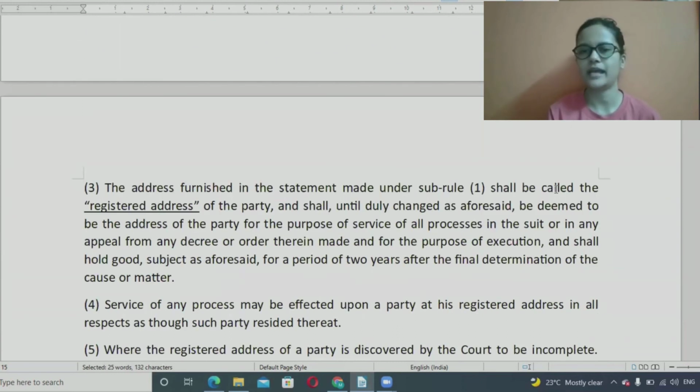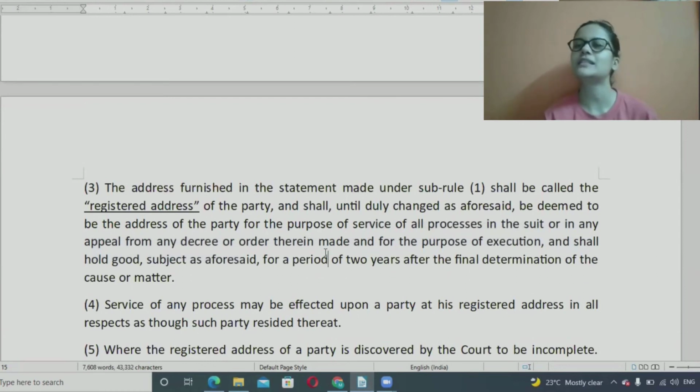Whatever address we have mentioned in the first place, or after making some changes, will be considered the registered address of the party. And it would be deemed to be the address of the party for the purpose of service of all processes in the suit, or any appeal from any decree or order.